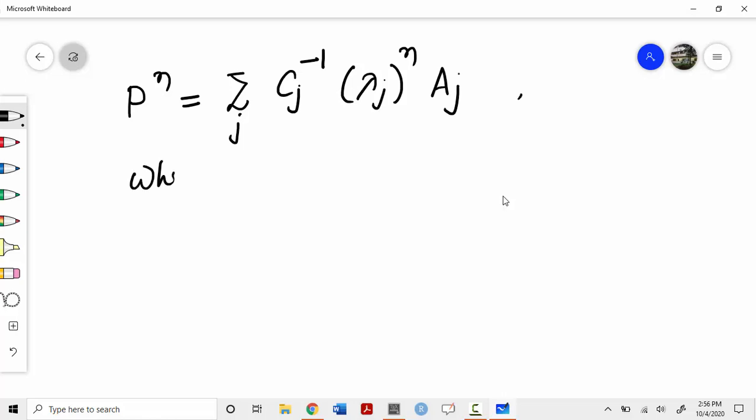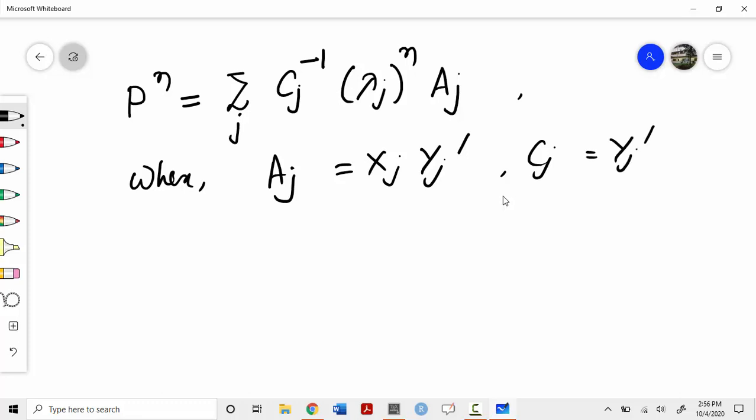where aj equal to xj yj dash and cj equal to yj dash xj.